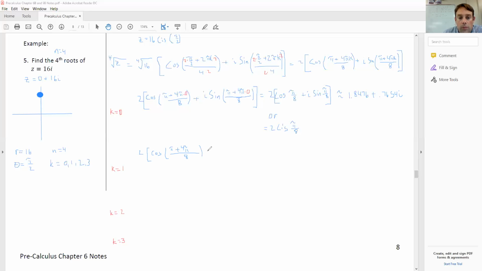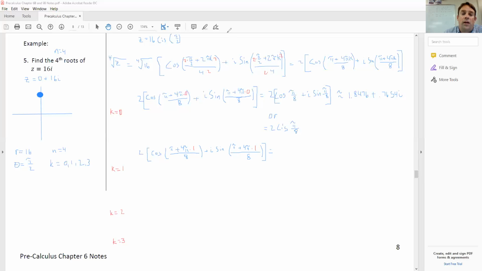What we're doing here is not hard. It's just time consuming. You've got to be organized to make sure that you have everything set up the right way. So this time we're going to plug 1 in for k.